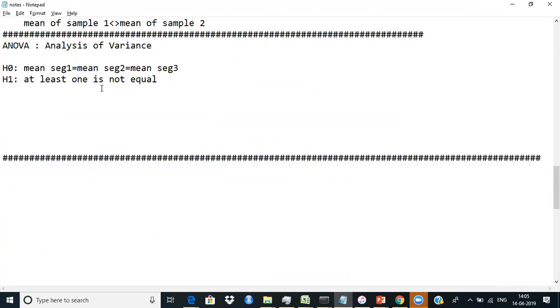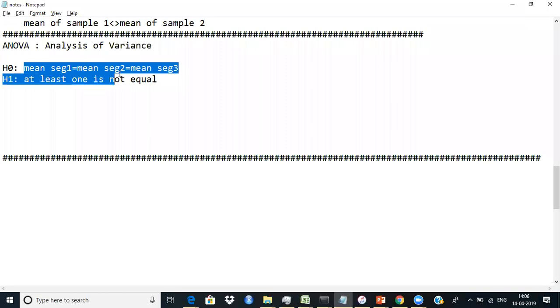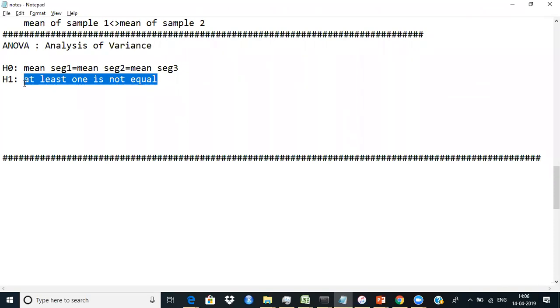When you have multiple populations and you want to test if the mean of all of those populations are equal, or at least one of them is not equal, then you can use ANOVA. The null hypothesis will always look like this. It will look like mean of a particular population is equal to mean of the second population is equal to mean of the third population, and so on. The alternate, on the other hand, will always be at least one of them is not equal. There is no greater than or less than alternate here. The alternate will always be at least one is not equal.